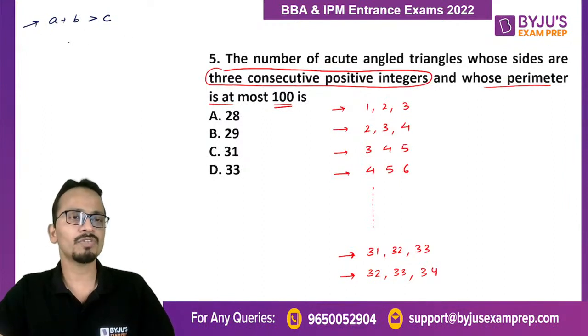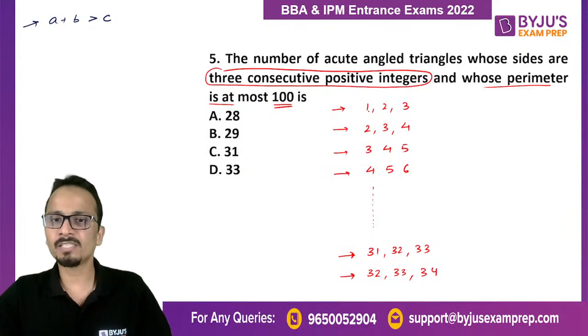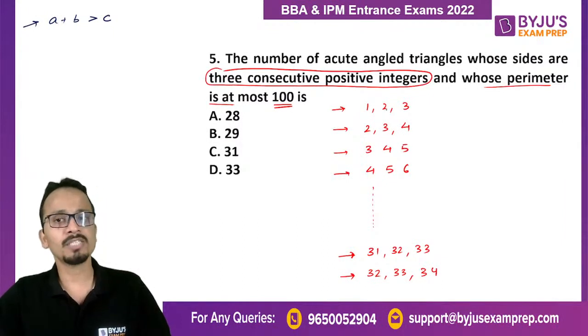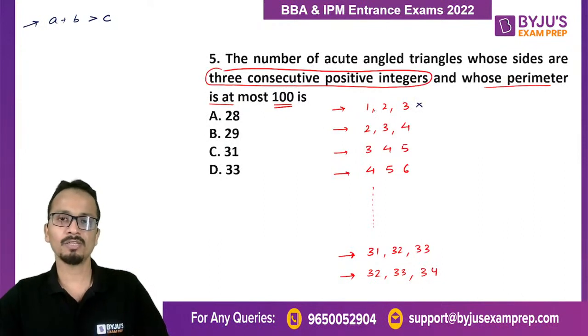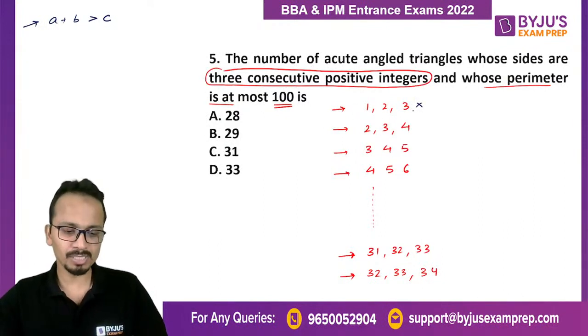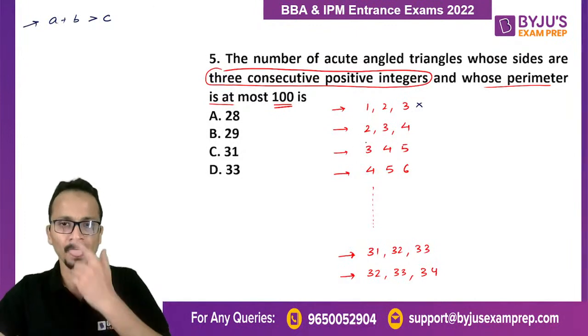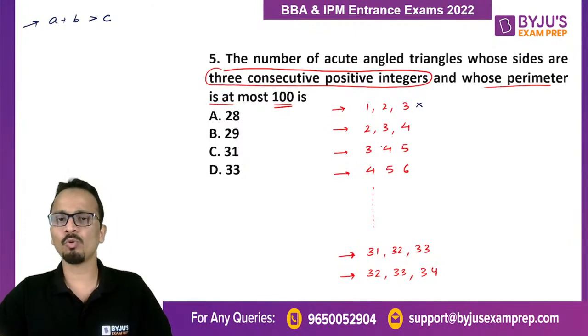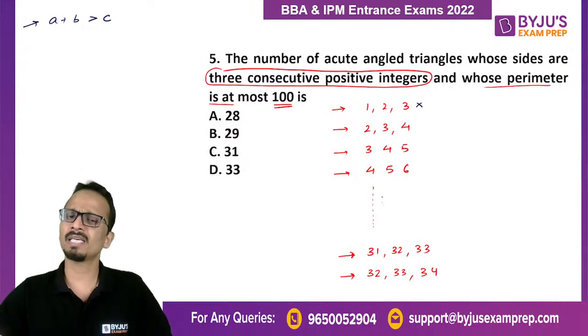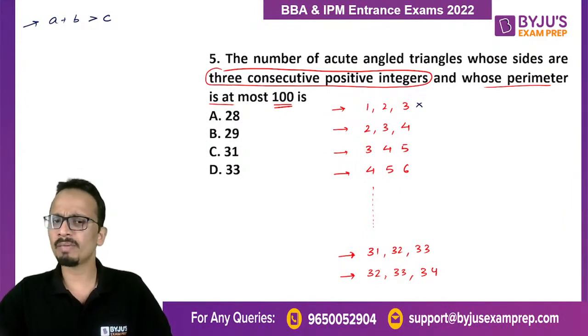In the first case, 1 plus 2 is not greater than 3. So this is not a triangle. So from 1, 2, 3 I cannot make a triangle. 2 plus 3 is greater than 4. 3 plus 4 is greater than 5. 4 plus 5 is greater than 6. And so on. Now all of them are possible triangles.